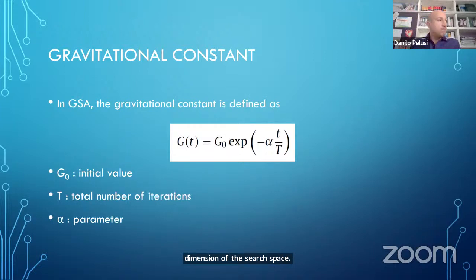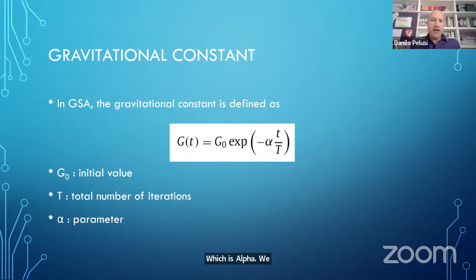In the model of the gravitational search algorithm, it's very important to consider this formula, which defines the gravitational constant. We can note that there is a specific, important parameter, which is alpha.